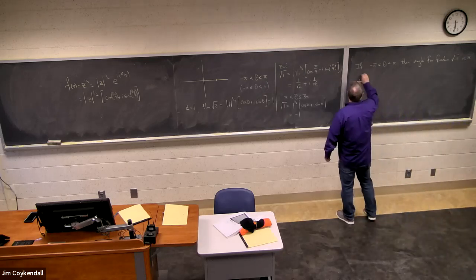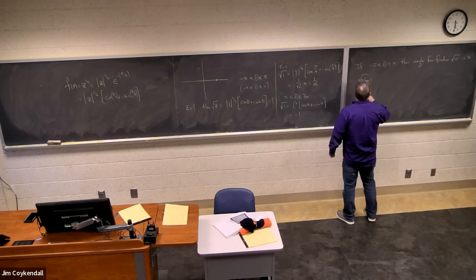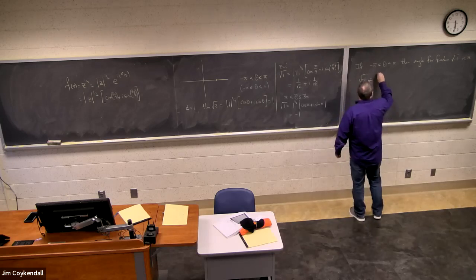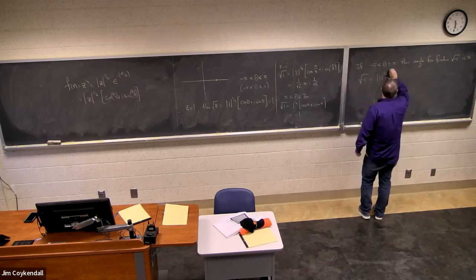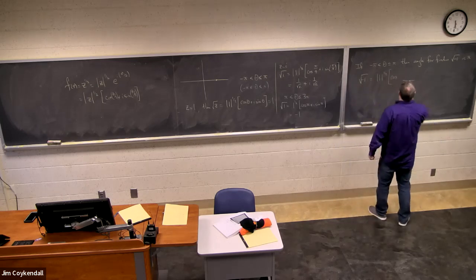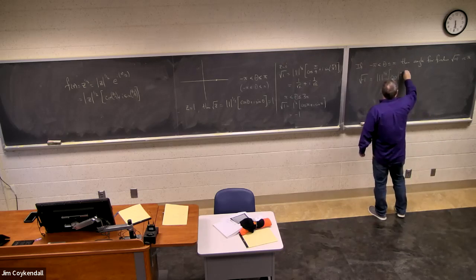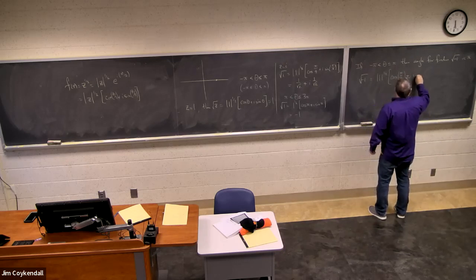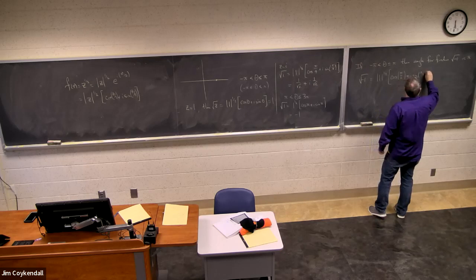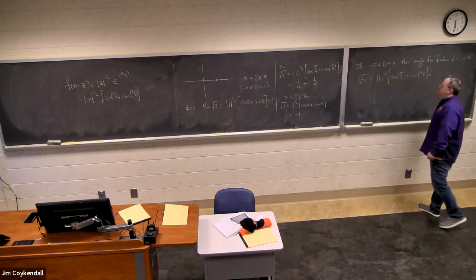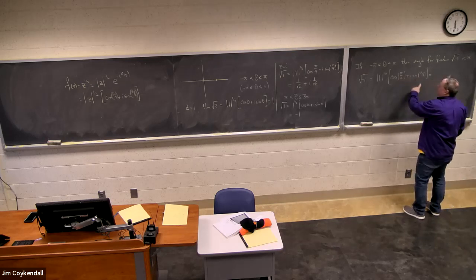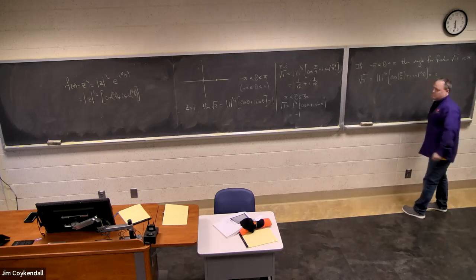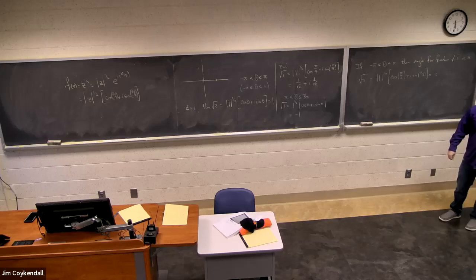So the square root of -1 in this case will be 1 to the 1/2 times cosine of pi over 2 plus i sine pi over 2. Cosine of pi over 2 is 0, sine of pi over 2 is 1, and I get i.